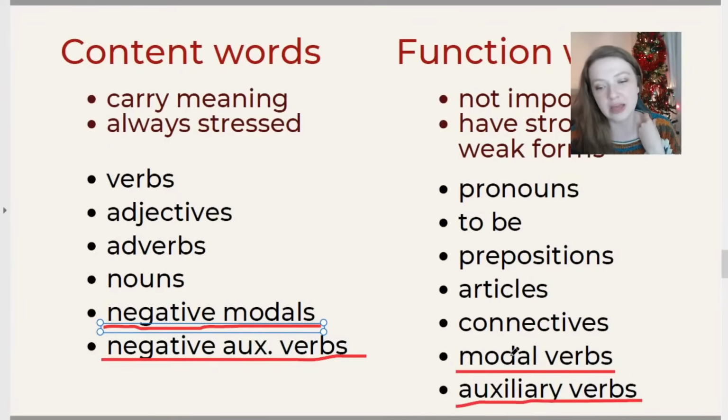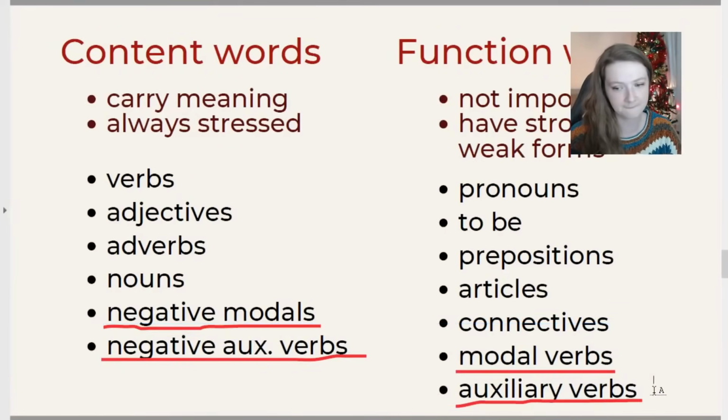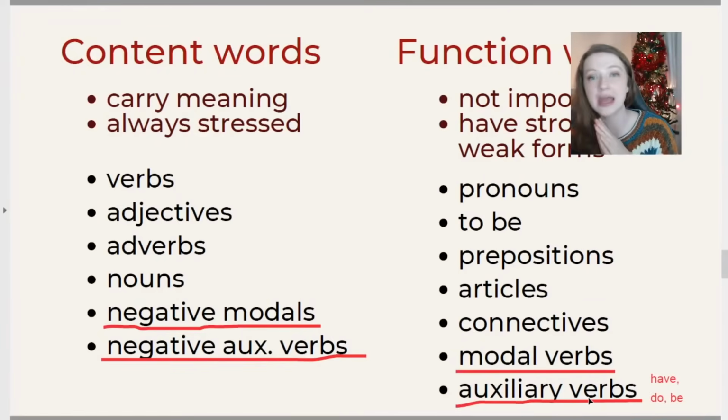So your modal verbs and auxiliary verbs, so your auxiliary verbs in English are have, do, and be. Okay? So if these are used as an auxiliary verb, like, for example, I have been to Spain, I wouldn't say I have been to Spain.